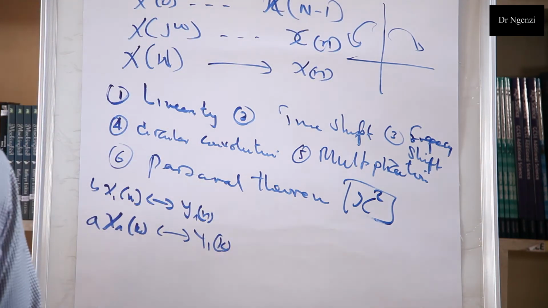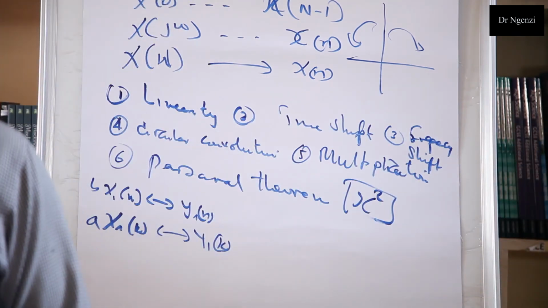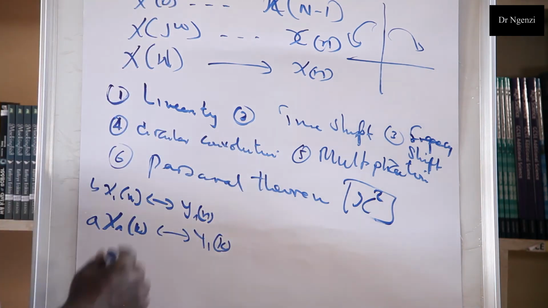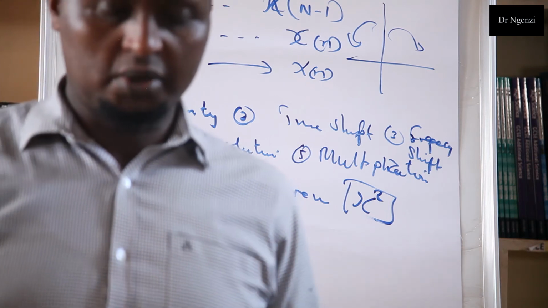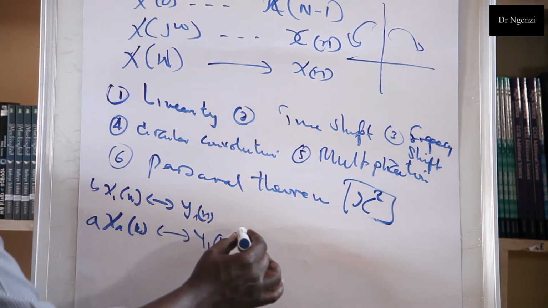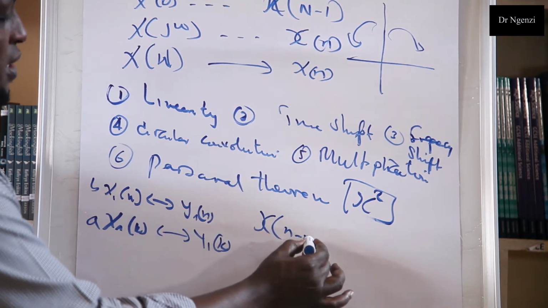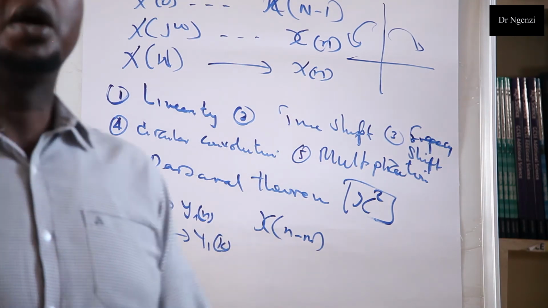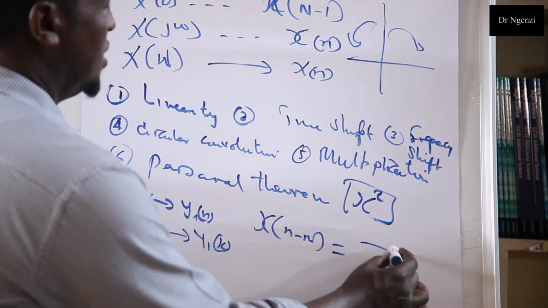And if you come to the time shift, remember we are talking about, for example, x of n becoming x of n minus m. These are the values, n numbers. That one also can be transferred to a summation from n equals 0, with big X of k times the other term.